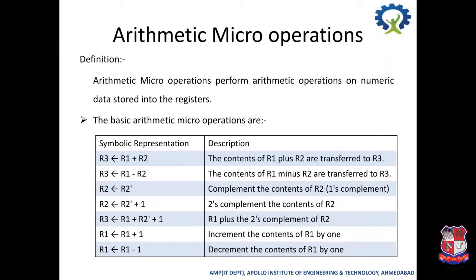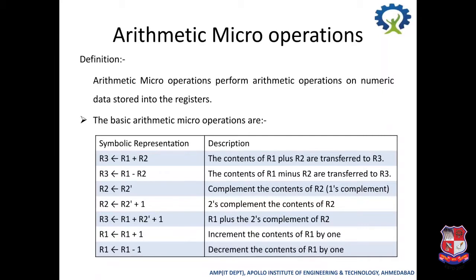In the next arithmetic operation, one's complement is performed, which complements the content of R2. In the next arithmetic operation, 2's complement is performed by adding 1 to the 1's complement of the data.